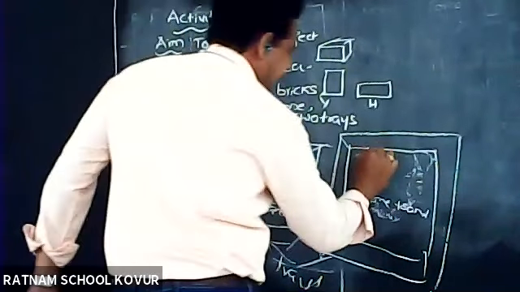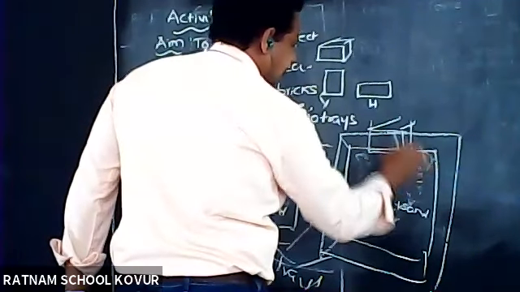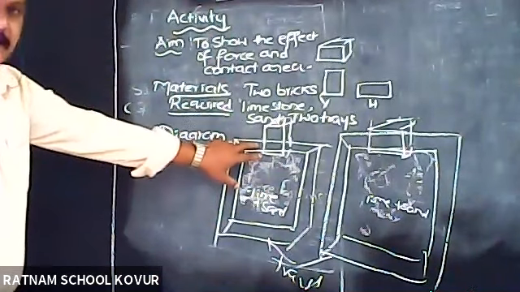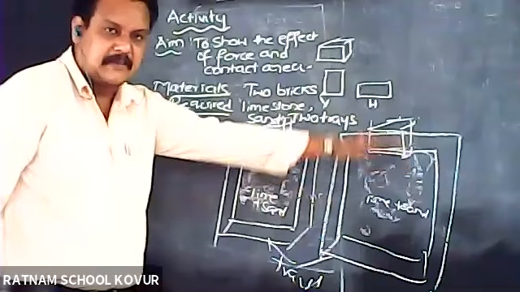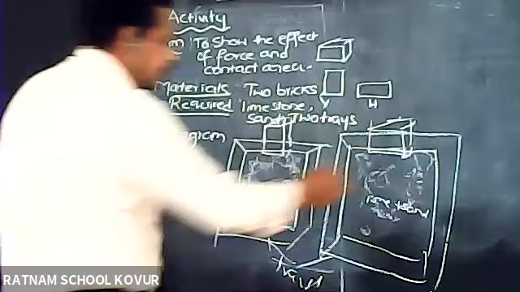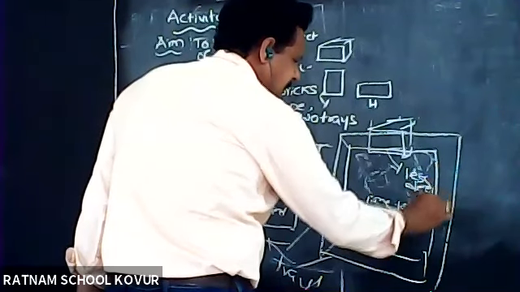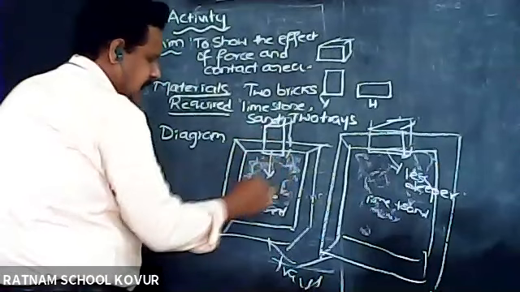Here you keep the brick horizontally. So when you keep the brick horizontally, it will sink less deep. This brick will sink more deep.